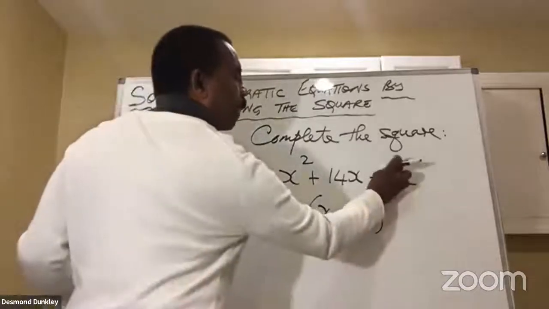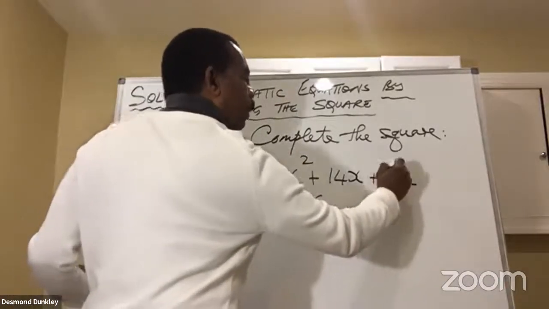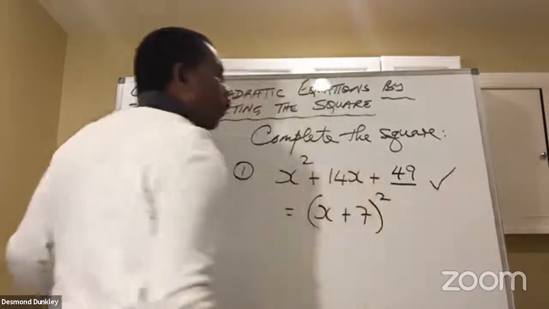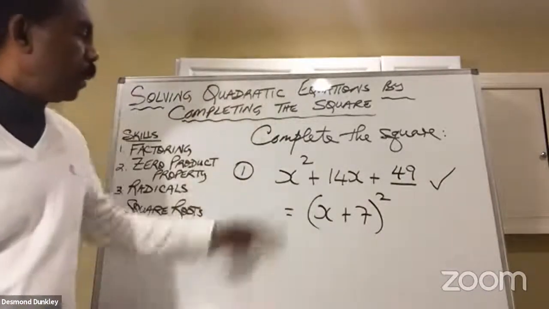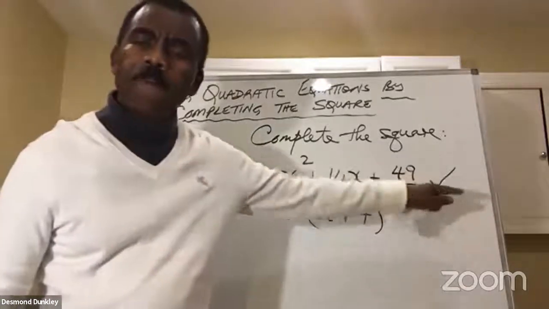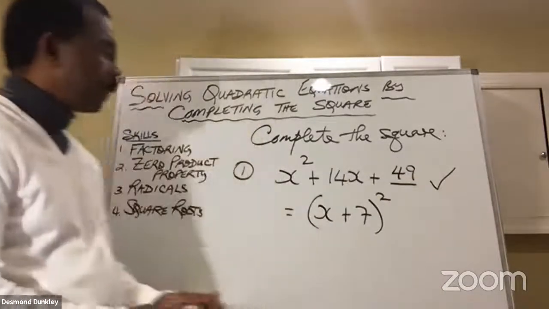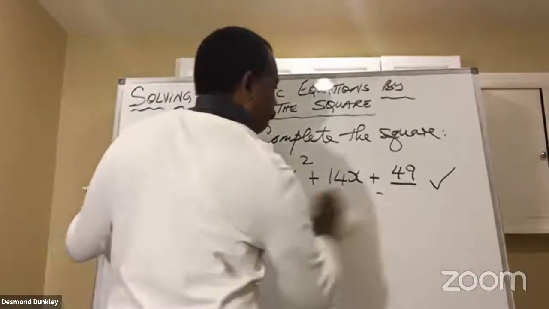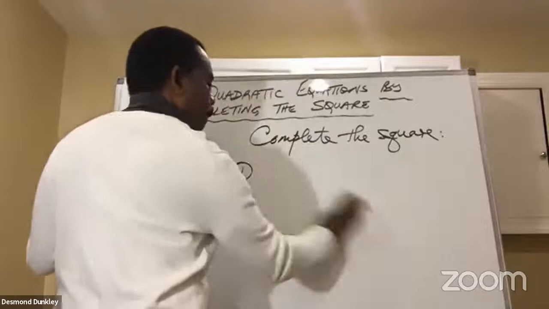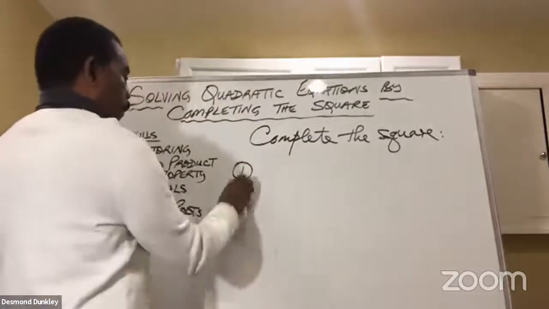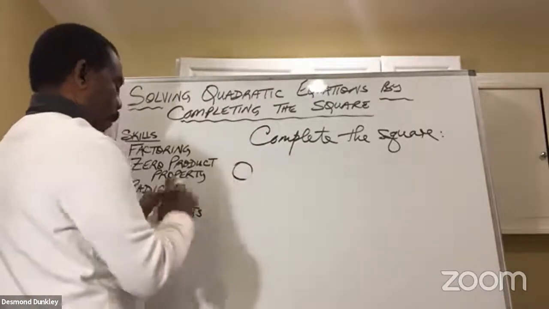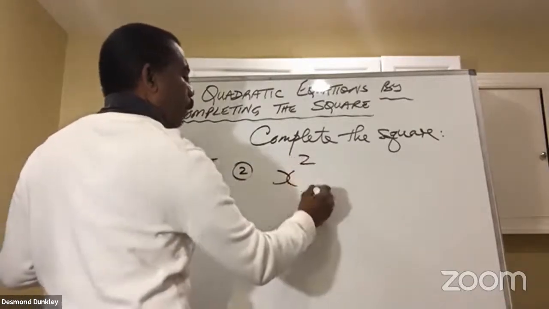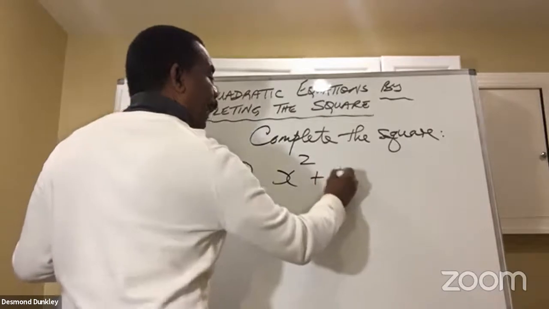And what is the number that we need to complete the square? It's 7 times 7, 49. So now we have a perfect square: x² + 14x + 49. Let's try another one. x² + 10x.